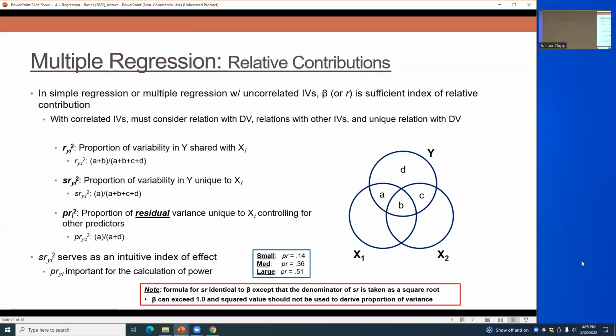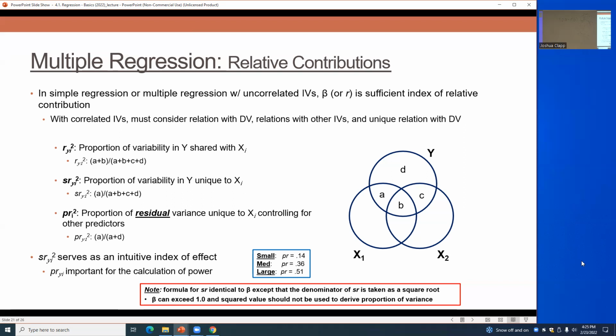Note that our formula for the semi-partial correlation is identical to that of the standardized regression coefficient, except the denominator of the semi-partial correlation is taken as a square root, whereas the standardized regression coefficient isn't.